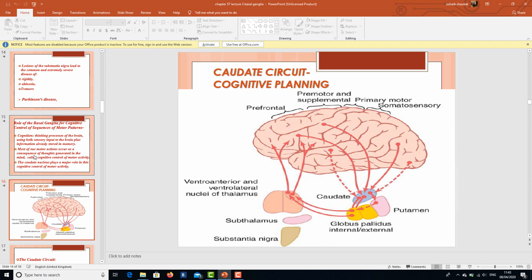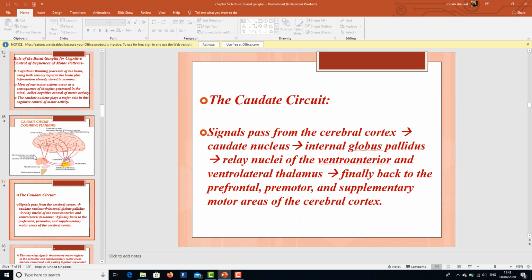So this is how the circuitry is going on. The caudate circuit: the signals pass from the cerebral cortex to the caudate nucleus, internal globus pallidus, the relay nuclei of ventrointerior and ventrolateral thalamus, and finally back to the prefrontal, premotor, and supplementary motor areas of the cerebral cortex.